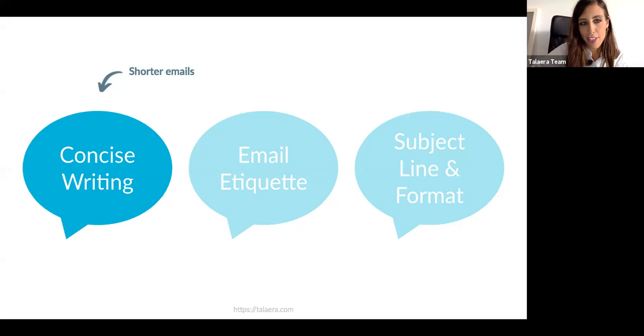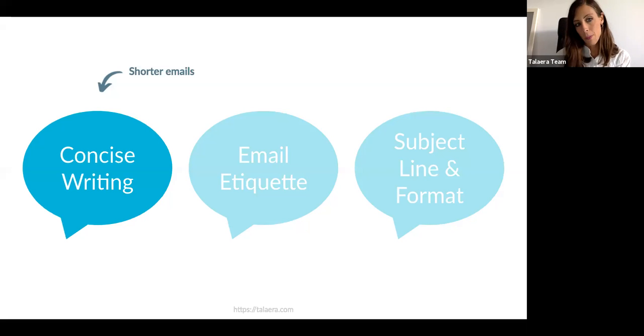So the tips that I have for today. When we start with concise writing, this had to do with shorter emails, but I want to redefine a little bit what short means. As I said before, you all come from very different backgrounds, and so it's not the same what I consider short, another person might find too long.